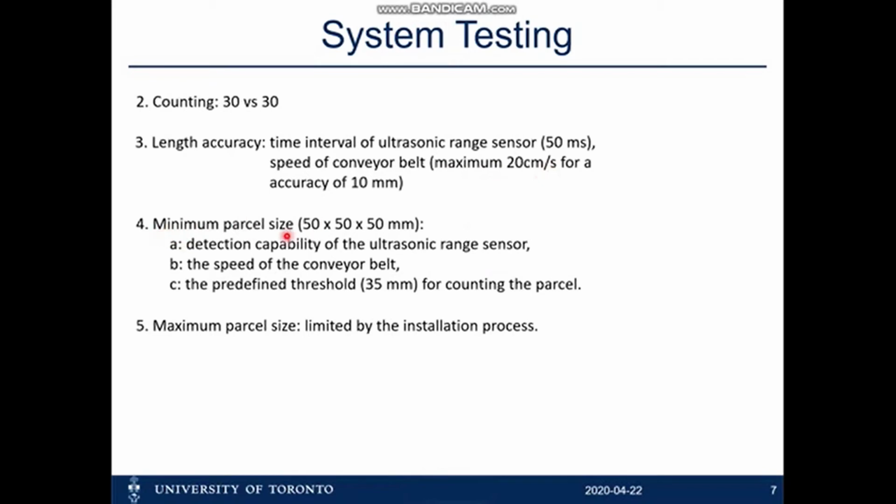About the minimum recommended parcel size, we recommend 50 millimeters for length, width, and height because of the detection capability of the sensor, the speed of the conveyor belt, and the predefined threshold for counting the parcel. Also, the maximum parcel size is mainly limited by the installation process. Overall, the system can measure most sizes of parcels in practical usage.